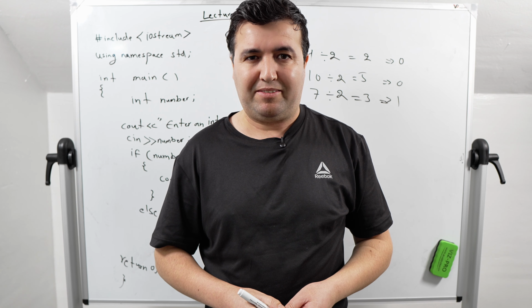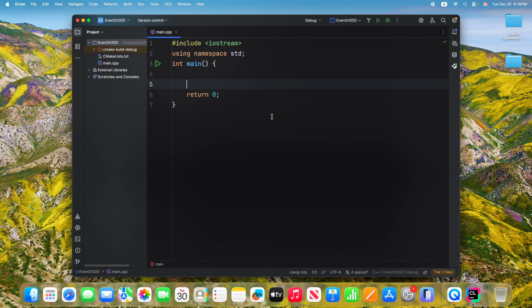Yes, I'm back on my computer. Let's open our IDE. We are on lecture 23, and we write a program which checks if the number entered by the user is even or odd. We use the if-else statement again.